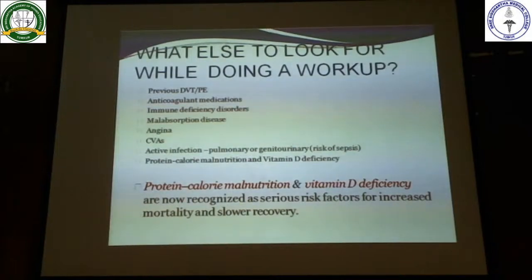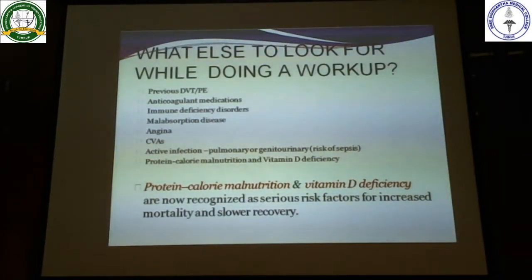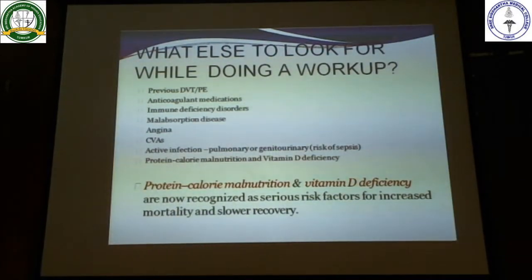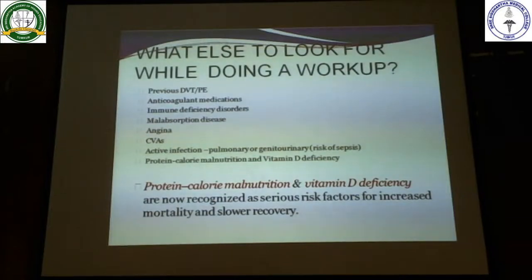You need to rule that out. Then of course protein calorie malnutrition, that is protein energy malnutrition, and vitamin D deficiency, because all these things can affect the healing of the fracture, as they are now recognized as serious risk factors for increased mortality and slower recovery. So all these things you need to do in addition to the routine tests.